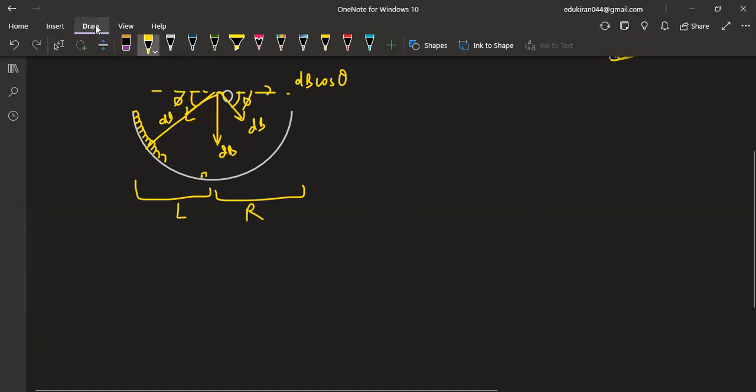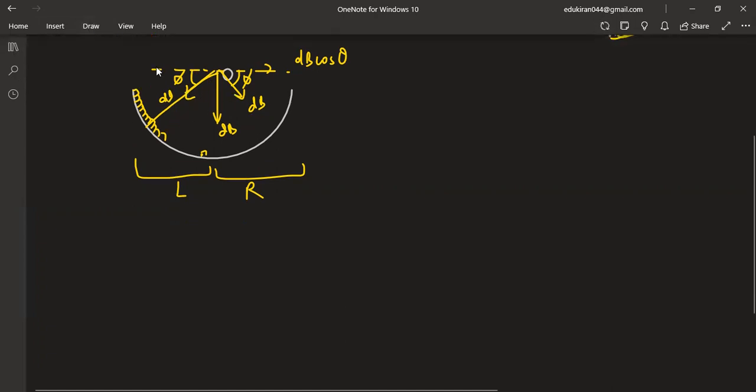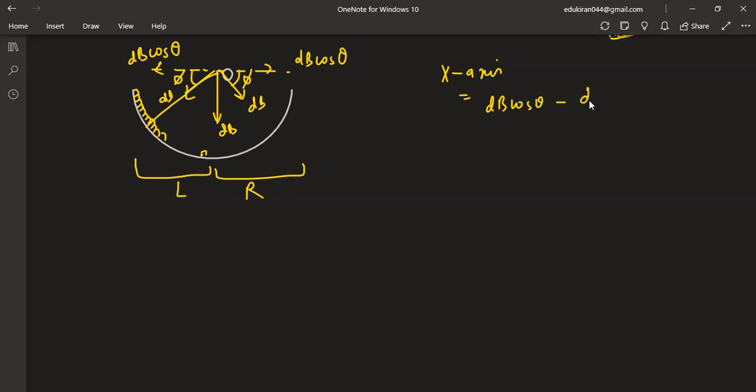For the left portion also, this will be dB cos theta. Can you see? Across the x-axis, dB cos theta I cap, or you can say dB cos theta minus I cap. This is plus I cap, this is minus I cap. They are cancelling each other. You're getting net magnetic field as 0 along the x-axis.